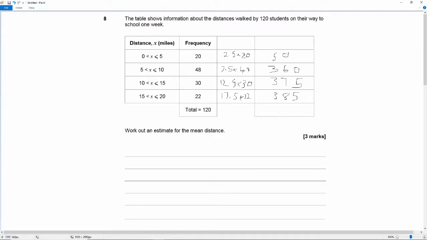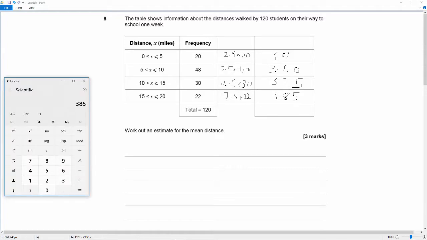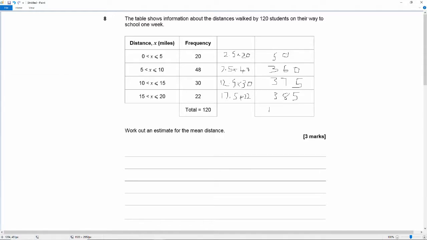And now I can get my total by adding them all up. So that's 385 plus 375 plus 360 plus 50 is 1,170.